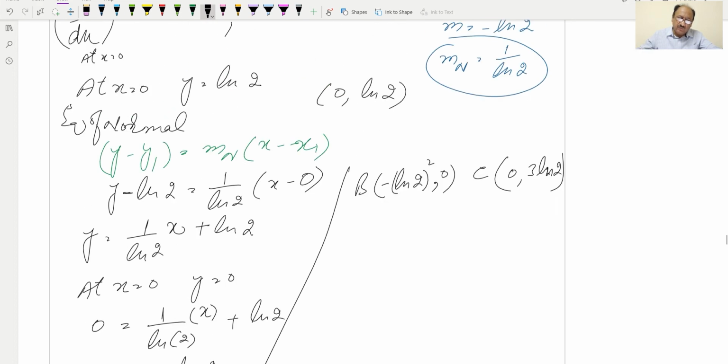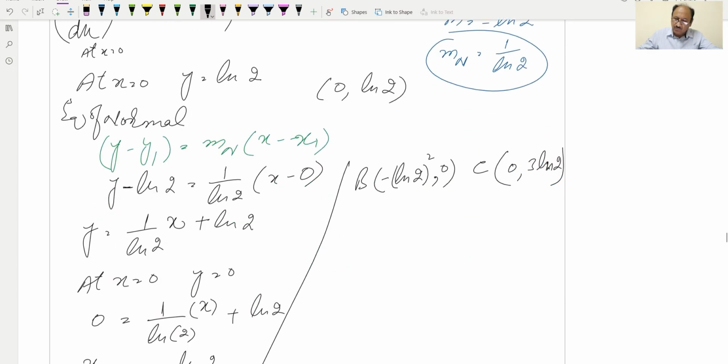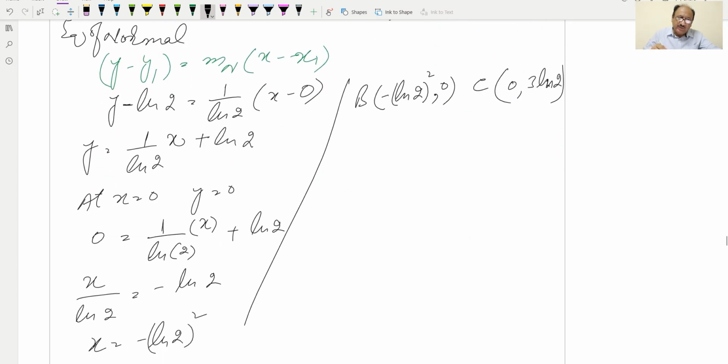This value of C is provided over here, (0, 3 log 2). Now we can find the gradient of BC, which is our target. So gradient of BC will be equal to (y2 minus y1) over (x2 minus x1).